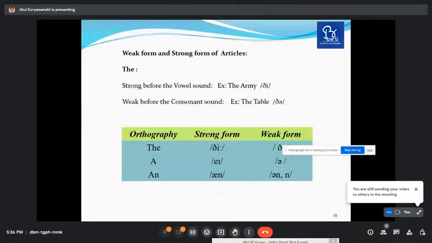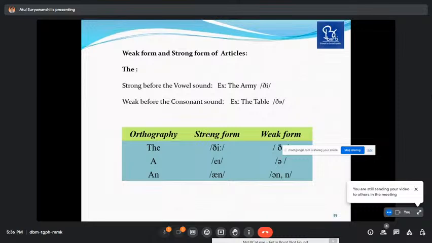So let us turn towards the next slide, weak forms and strong forms of articles. The first example is the article "the". There are two different pronunciations of this word. We use "thee" before a vowel sound. This is the strong pronunciation.